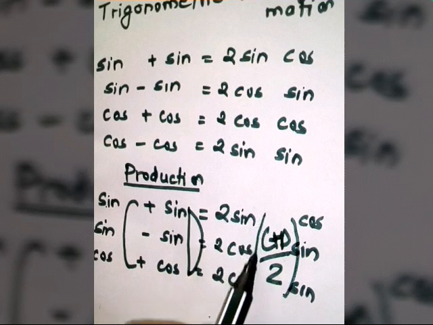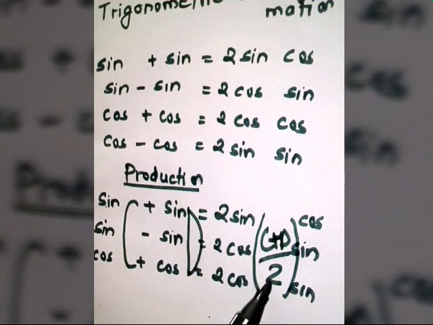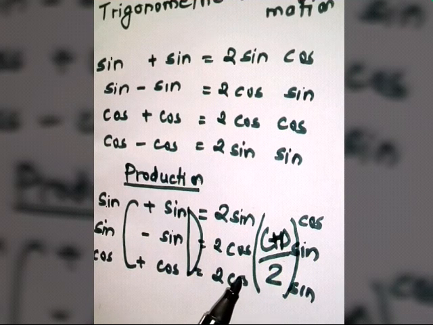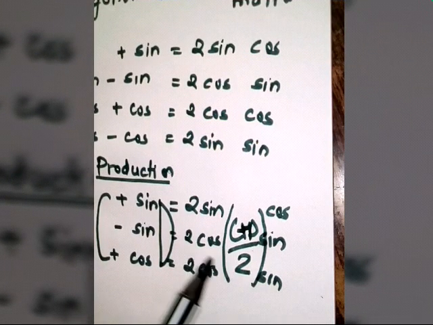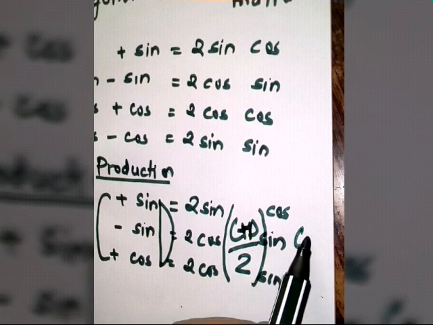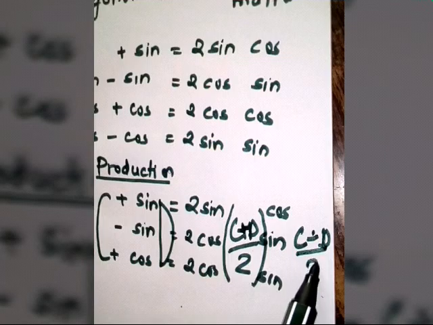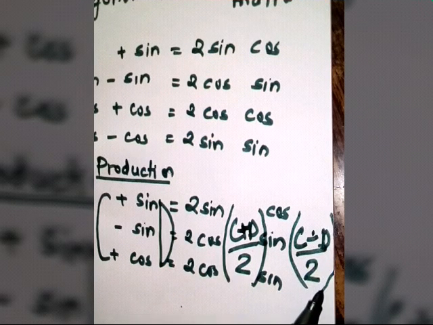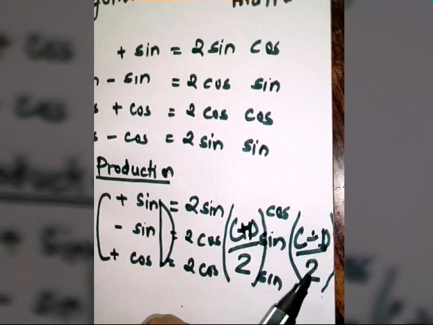That means sine c plus sine d is equal to 2 sine (c plus d) by 2. And the second term, if the first term is positive, definitely the second term is going to be negative, the same expression, so that will be c minus d divided by 2. So we have the formula: sine c plus sine d is 2 sine (c plus d) by 2 into cos (c minus d) by 2.